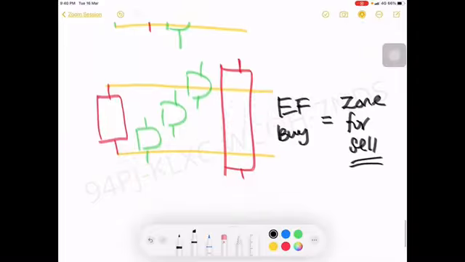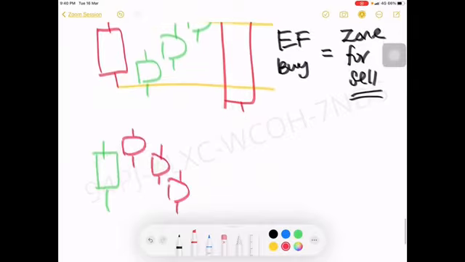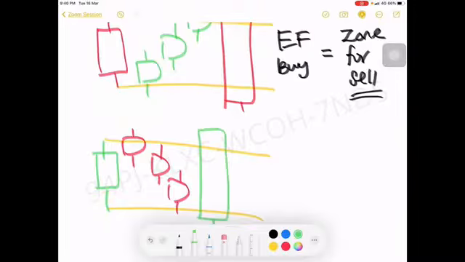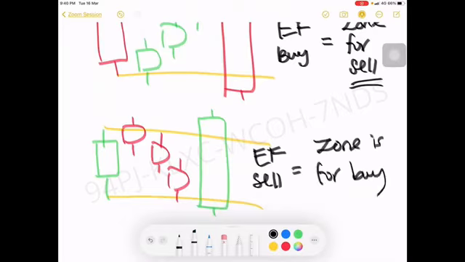And I'm going to have another one, which is going to look like this. Then you mark that place, but it went up. So that means it's going to be EF sell, meaning the zone is for what? For buy. Yes, that is correct.